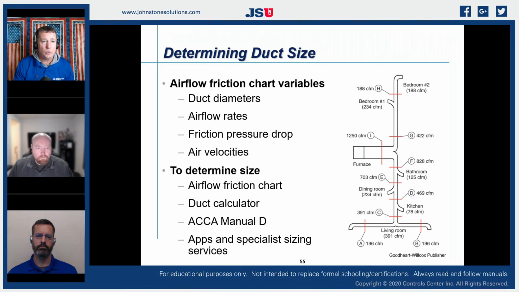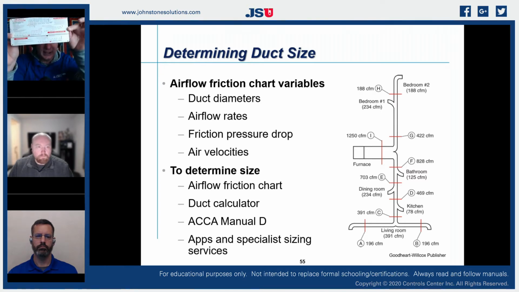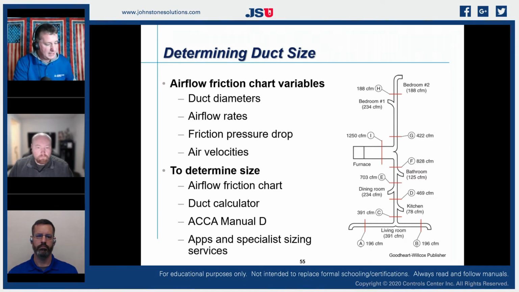So we've got 1,250 CFM. How big of a box do I need going through the floor? Well, if we do our ductwork based on 0.1 inches of static, then we can simply grab our duct calculator. We're going to set it at 0.10, and 1,250.